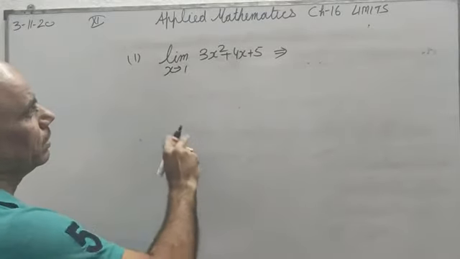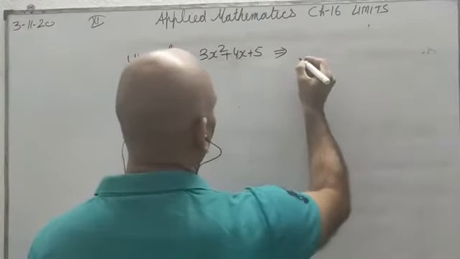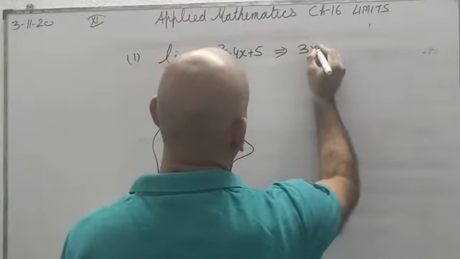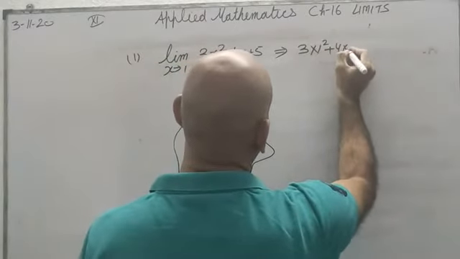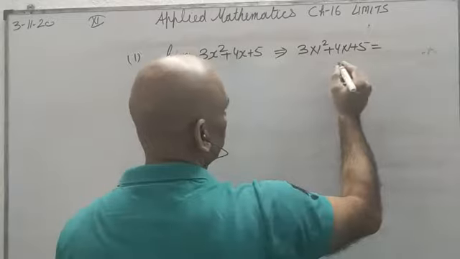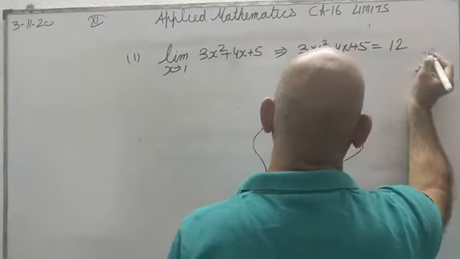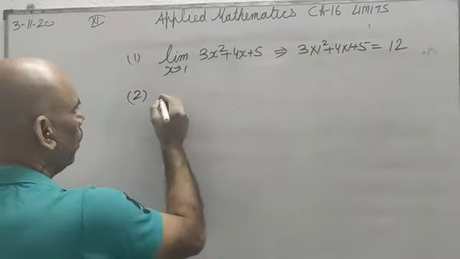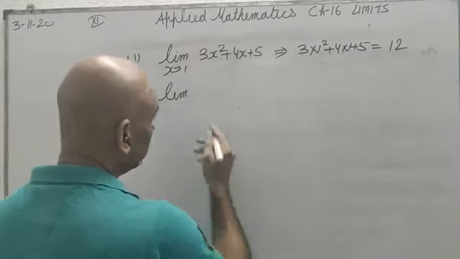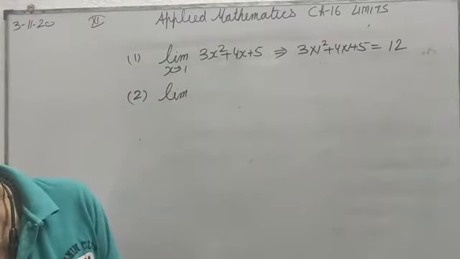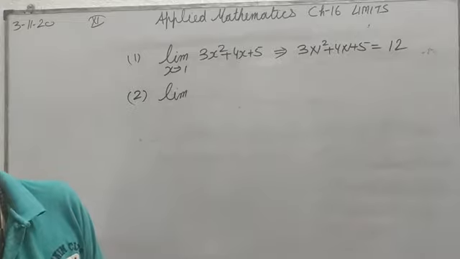So simply in place of x substitute 1 and get your answer. So 3 into 1 square plus 4 into 1 plus 5. I got 3 plus 4 is 7, plus 5 is 12. This way, in all the questions of the direct method, you will simply solve it by substituting the values.